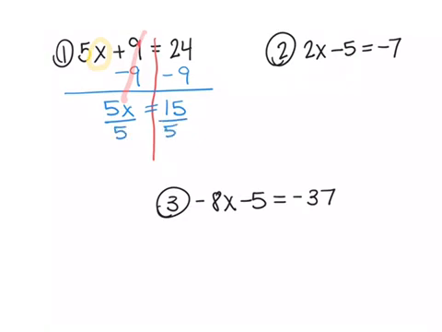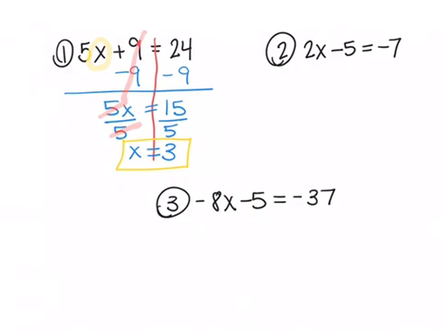And if I divide by 5 there, I also have to do it over here on the right. So these 5s are going to cancel each other out, meaning that all we have on the left-hand side now is x. And on the right-hand side, 15 divided by 5 would give us 3. So our solution is x equals 3.